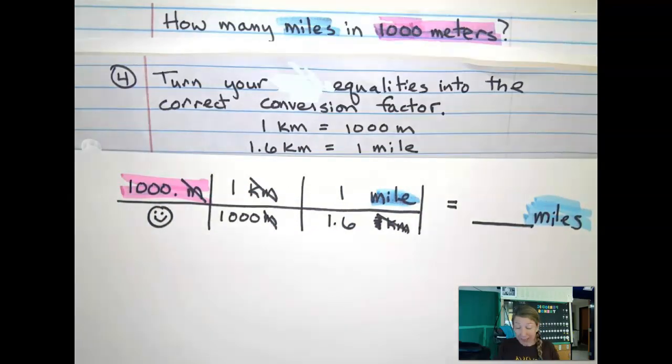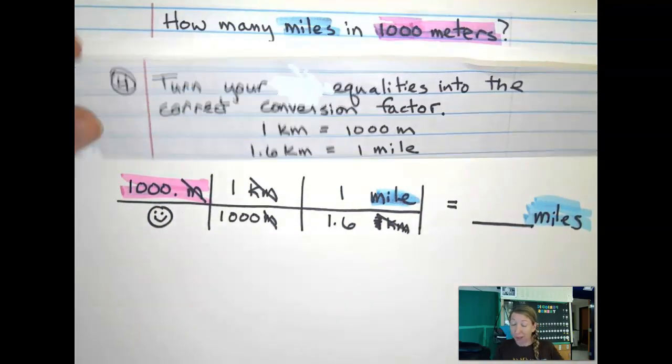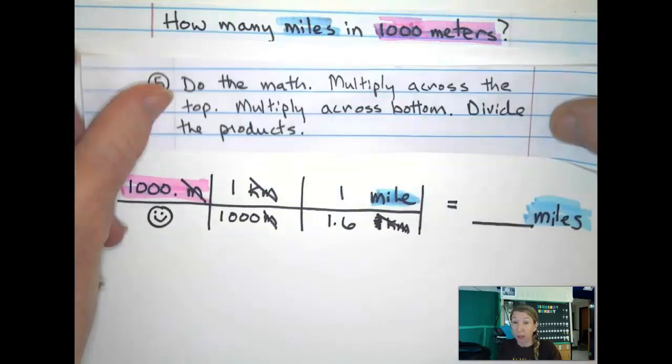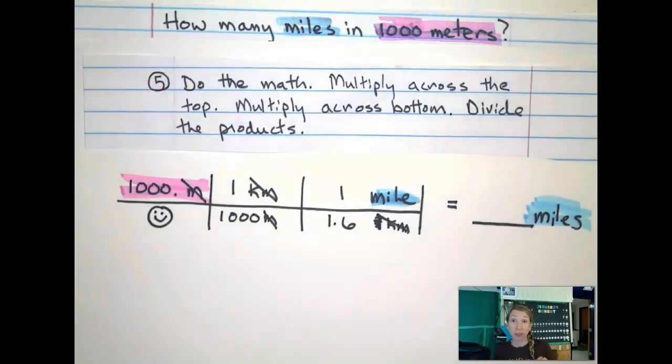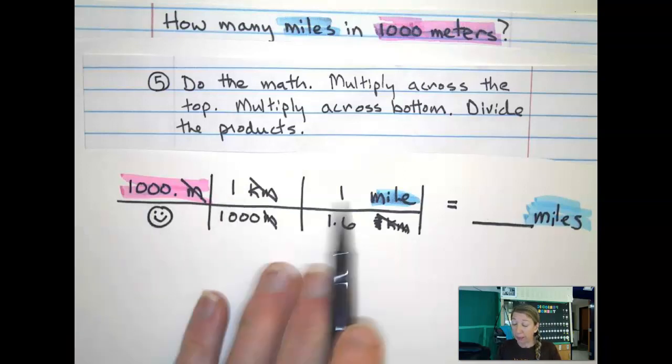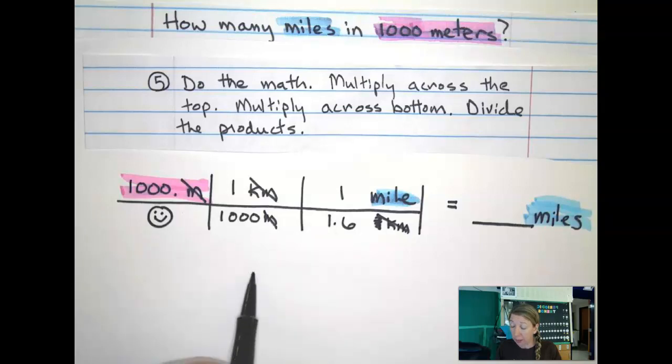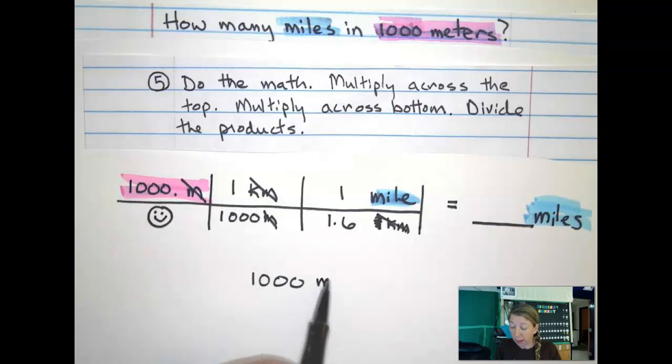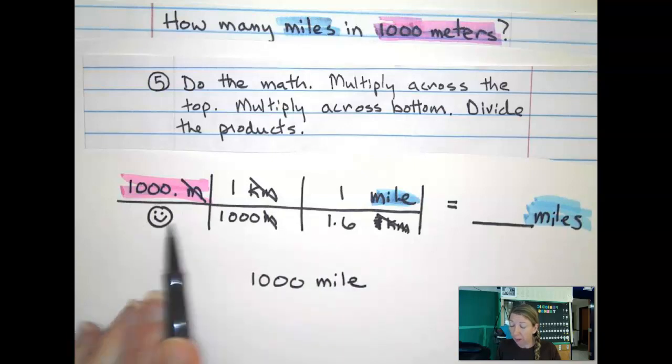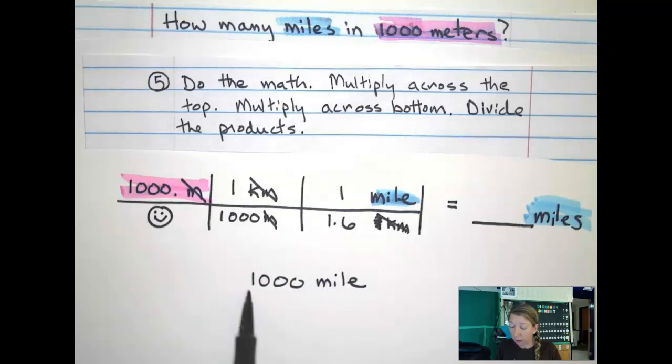So my last step is to do the math. You multiply across the top, multiply across the bottom, and divide these products. So 1 times 1,000 times 1 is 1,000, no units, and there's a unit, miles. 1 times 1.6 times 1,000 is 1,600, and there's no units there.